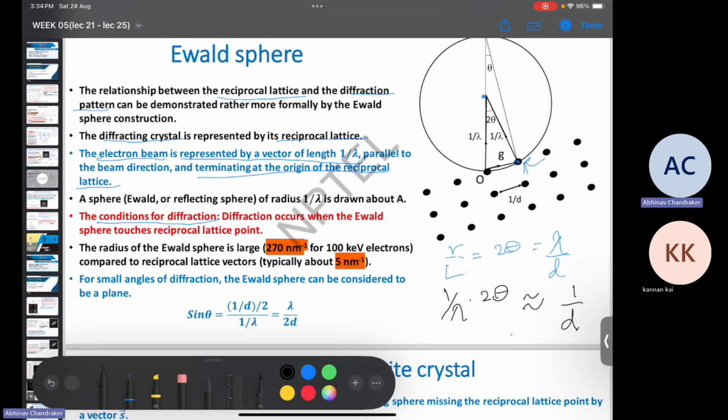And if the sphere is getting intercepted by any reciprocal lattice point, then this will be true, and if this is true, then this is a condition for diffraction to happen, right? As we saw by using Bragg's law, this is the condition of Bragg's law. So if this sphere of radius 1 by lambda is touching any point on the reciprocal lattice, then for that point diffraction will occur.